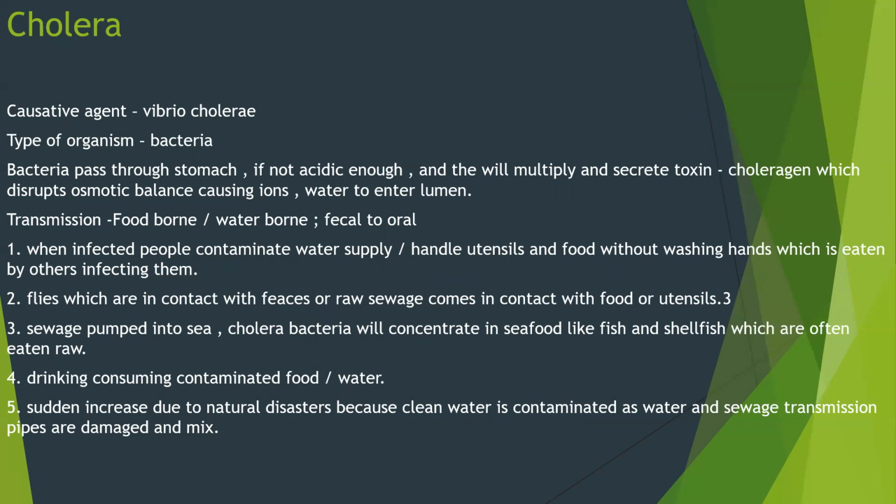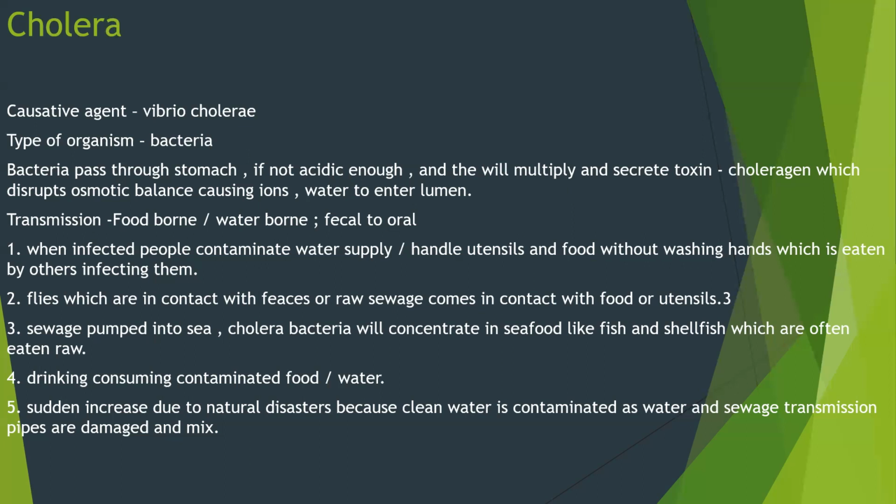So our stomach has hydrochloric acid, and if it does pass the stomach, it will go to the small intestine, specifically the wall of the small intestine, and then it will multiply over there and secrete a toxin which is known as collagen. And then collagen disrupts the osmotic balance through a sequence of events which we don't really need to know, but it just disrupts the osmotic balance, leading to water and ions to enter the lumen from the cells of the small intestine.